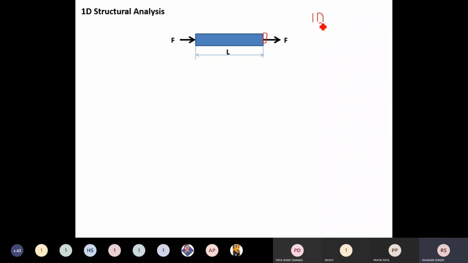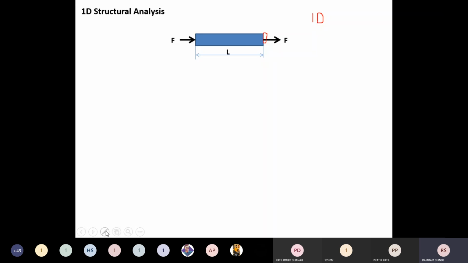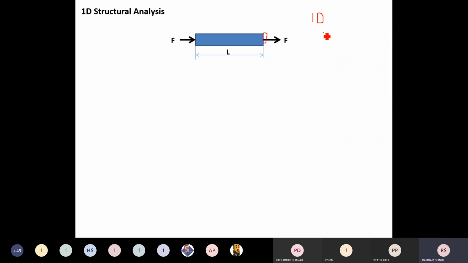Now after selecting the one dimensional element, next question is how many elements we have to select. You have to remember this basic rule. This is helpful for solving the numericals on this structural bar. If there is sudden change in the geometry, sudden change in the loading, sudden change in the material properties, then you have to go for more number of elements.